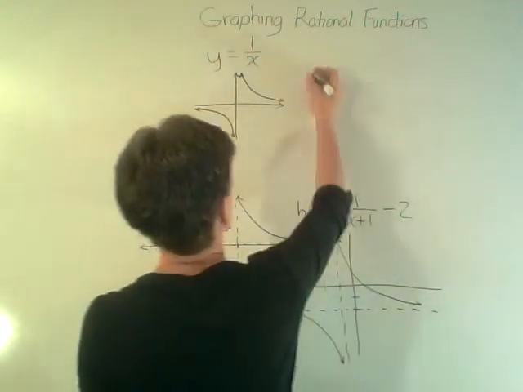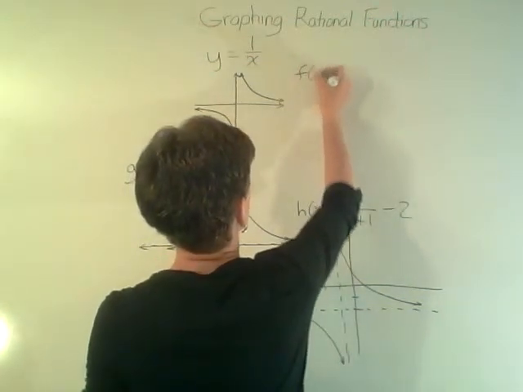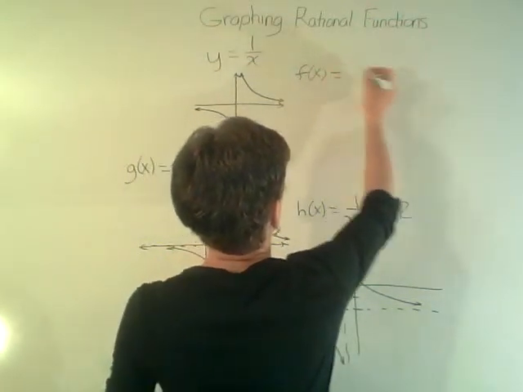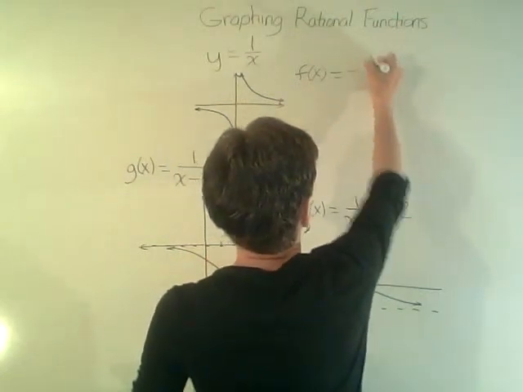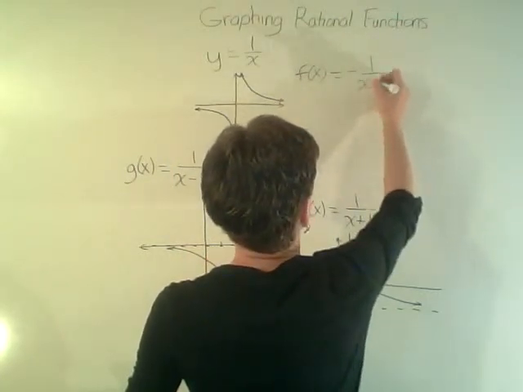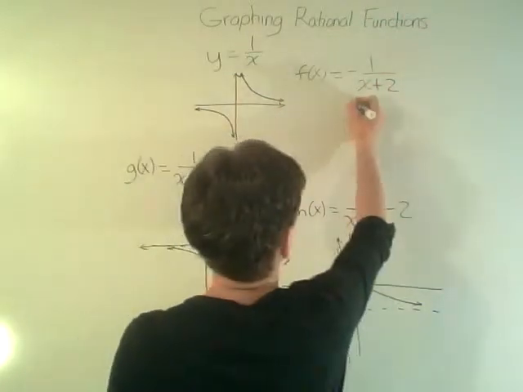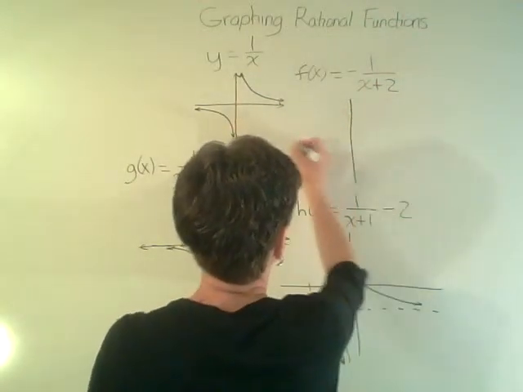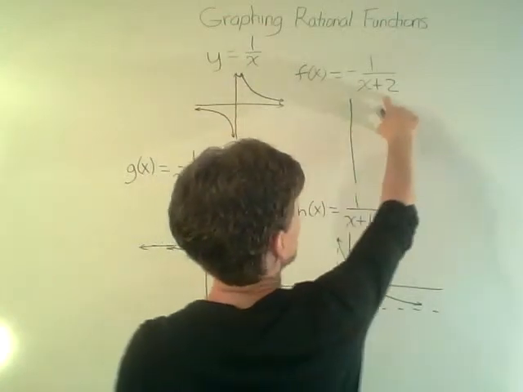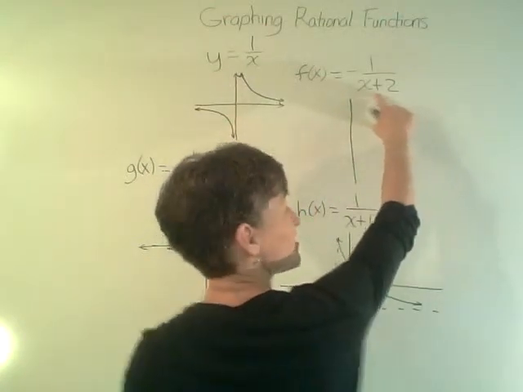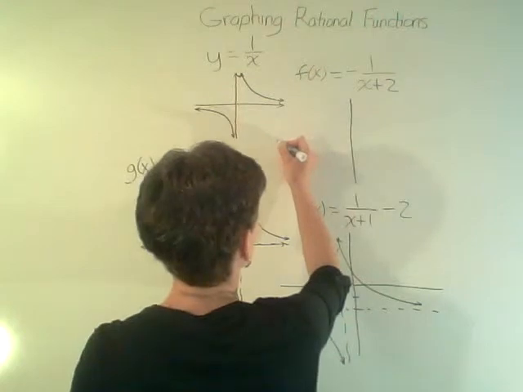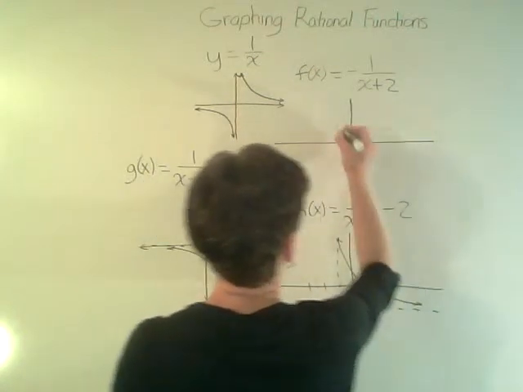All right, so let's suppose that our new f of x is f of x equals negative 1 over x plus 2. Now, that means that I've got 2 things going on. First of all, horizontally, this is x minus negative 2. So horizontally, I'm going to move to the left 2.